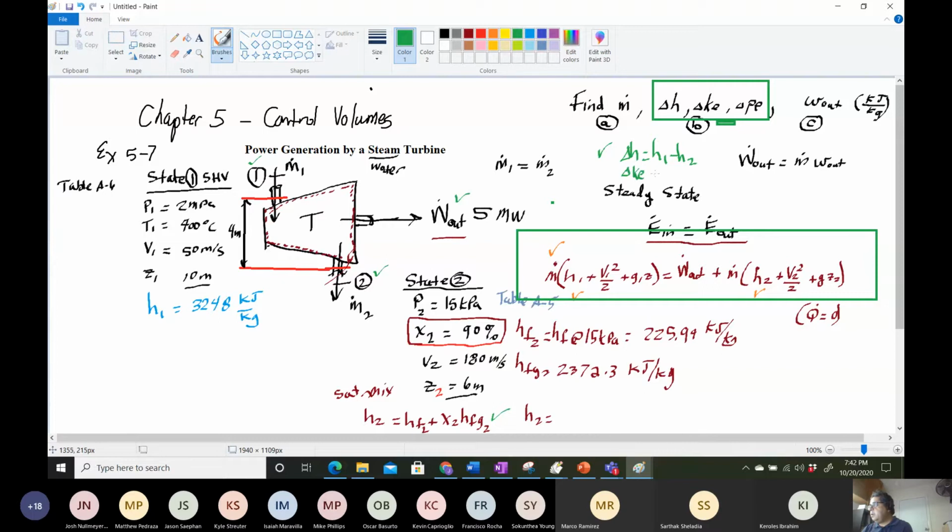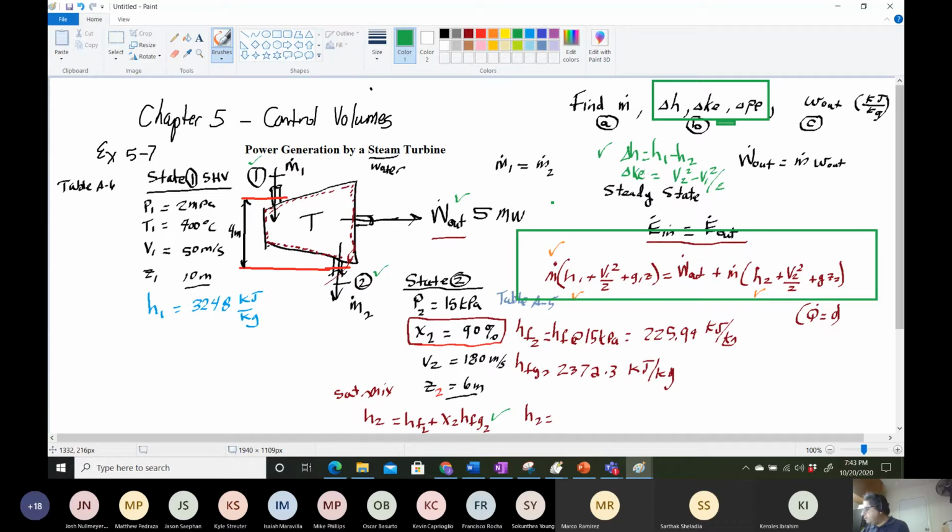And delta KE, the kinetic energy, is basically v2 squared minus v1 squared divided by 2. And why? Well, it's because the higher velocity is at state 2, where it comes out. And so if we did it backwards, it would be negative, right? Okay, let me back up a little bit.